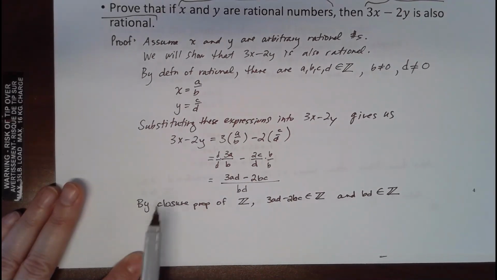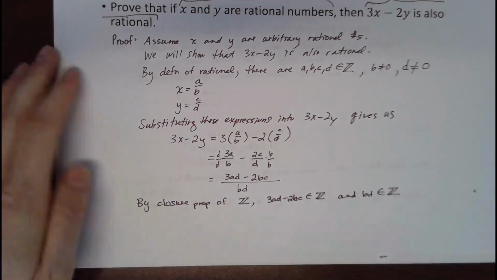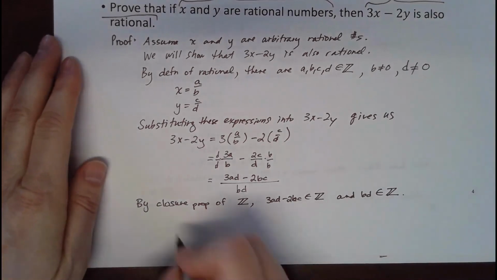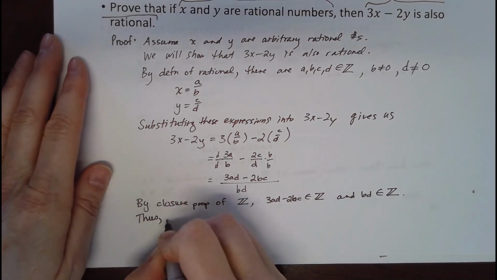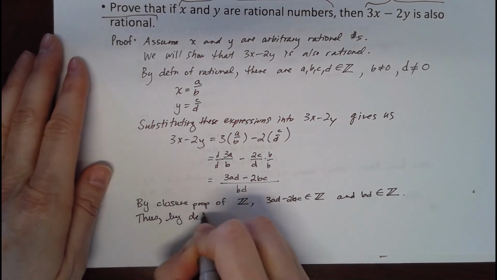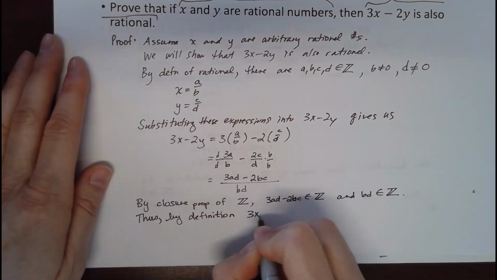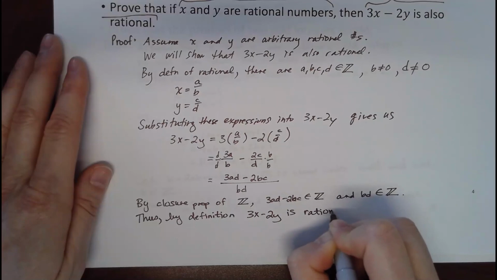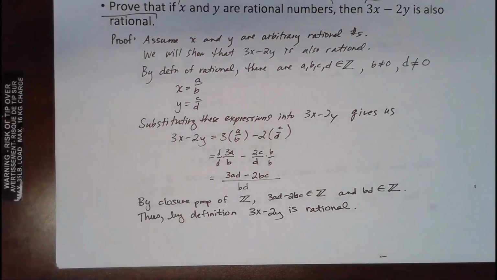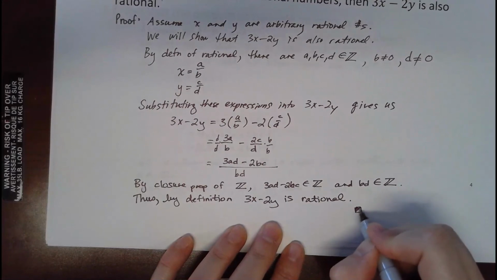You could list them out, multiplication and subtraction, or you could just say closure properties and cover all your bases. And so, thus, by definition, 3x minus 2y is rational. That's what I set out to prove, and so I'm done.